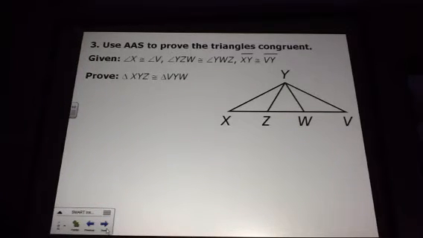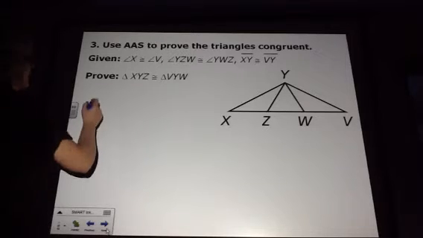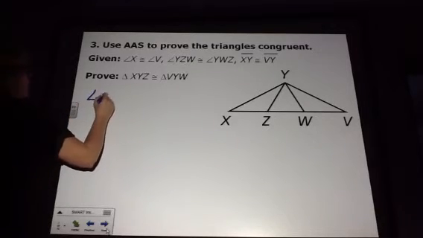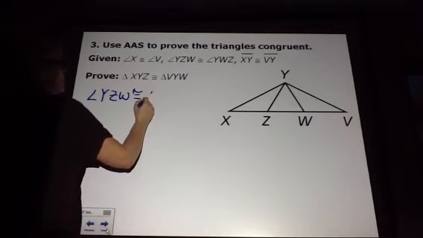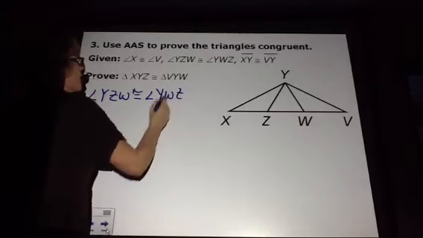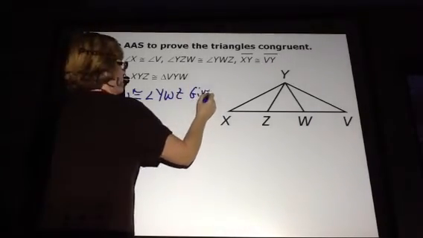Okay, I'm going to write a proof here. Let's start with what's given. So we have angle YZW congruent to angle YWZ. That is given.